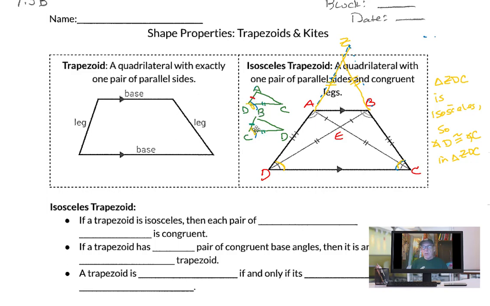So by side angle side, these two triangles are congruent, which gives us a lot of properties that we can use to get started on the diagonals in an isosceles trapezoid. Since these two triangles are congruent, AC and BC, these two here are going to be congruent because of corresponding parts of congruent triangles. So that means that the diagonals in an isosceles trapezoid are congruent to each other.